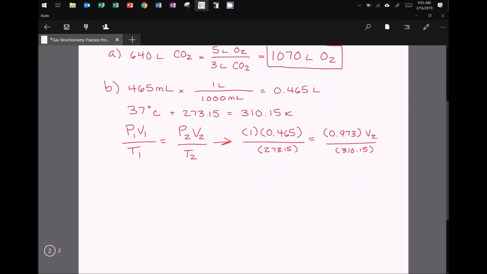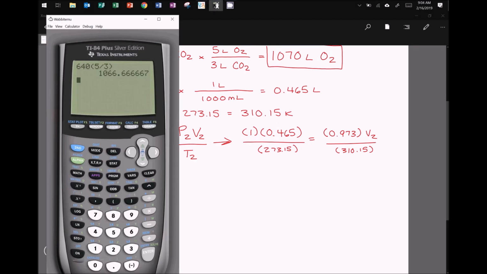Alright, now when I do this, I'm not even going to put the 1 in, so 0.465 divided by 273.15. Okay, so that is the left side of my equation. Now I'm going to multiply over the 310.15, so times 310.15.